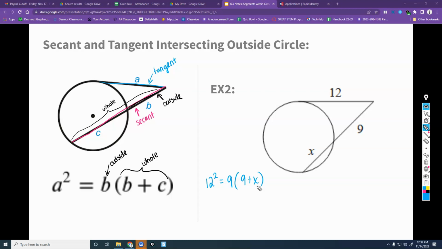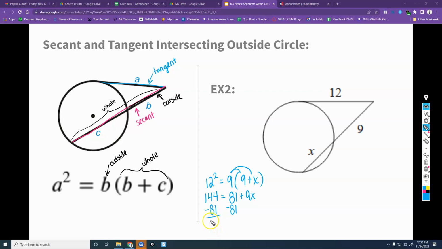Okay? Once you get this set up, you should just have an equation to solve. You could use Desmos if you want. If you don't like solving these by hand, you can use Desmos. But I'm going to solve this one by hand. It's 144 equals, we could distribute that 9. That'll give us 81 plus 9x. We will subtract 81.